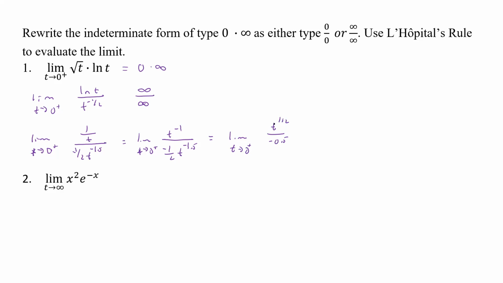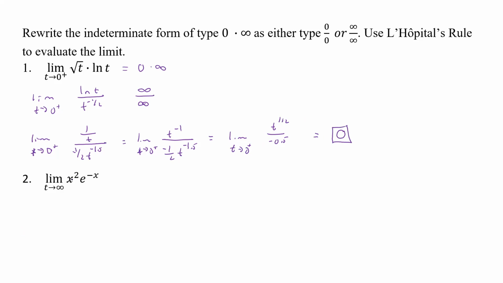So if we plug in 0 here from the right, that's going to be a very, very small number over that. And so a very small number divided by that will give us basically 0. Okay, so that's what we end up with for this one.